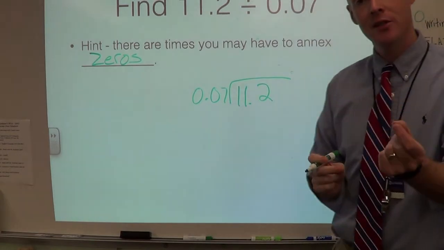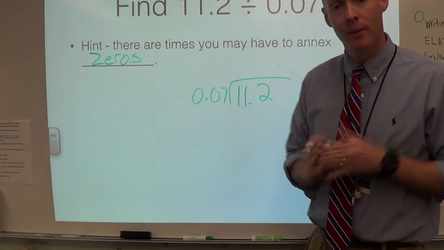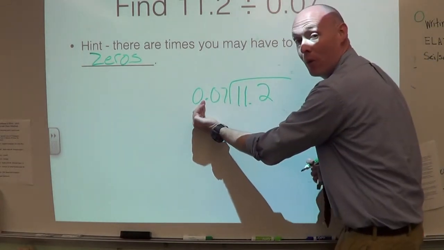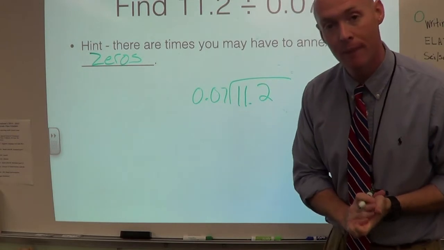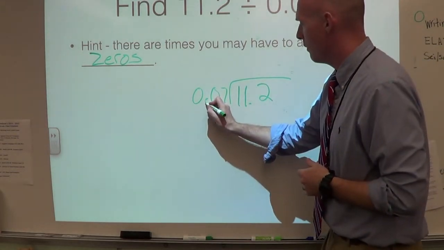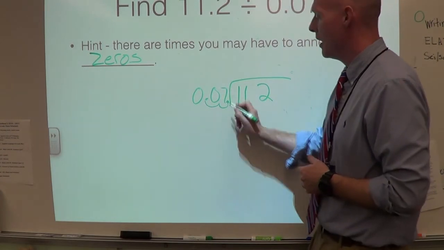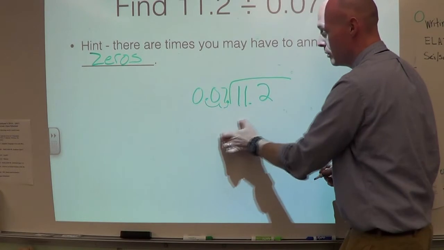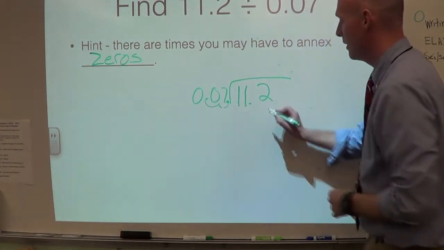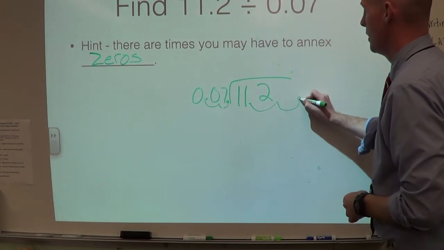Okay, if you remember our steps before, we have to make it so that we're dividing by a whole number. So in that case, we have to move the decimal all the way from the left to the right. Just be sure to count how many times you do it. So let's do it. We move it once, twice. Now we're at 7. If we move it twice on the outside, we have to move it twice on the inside. Once, twice.